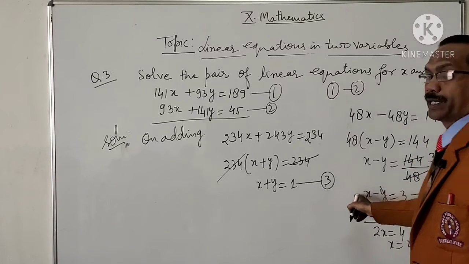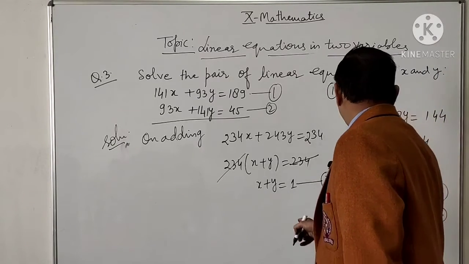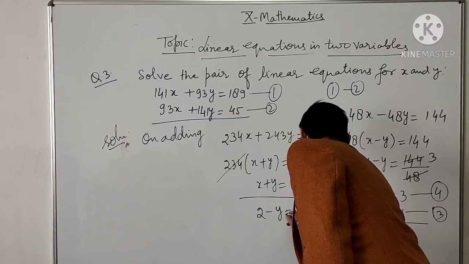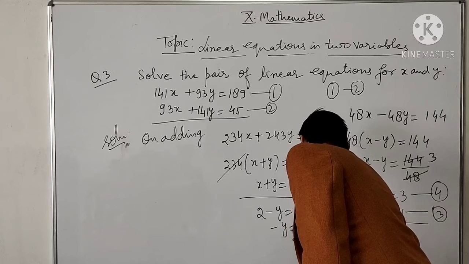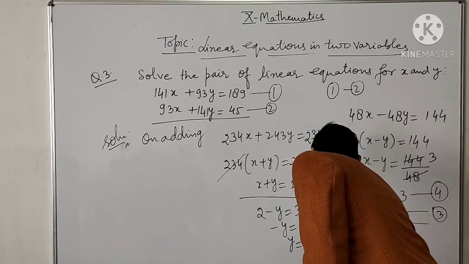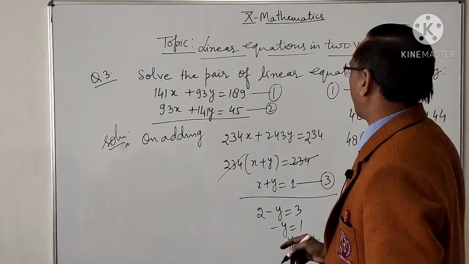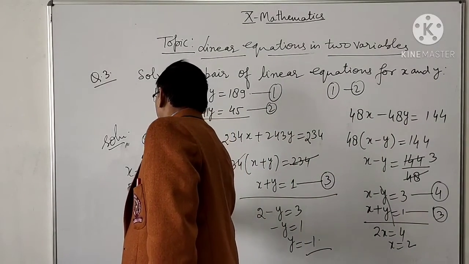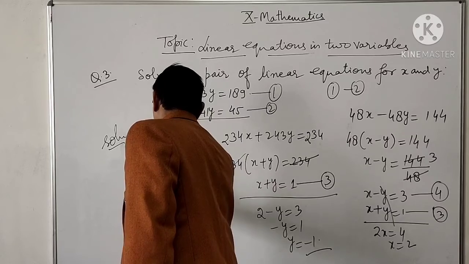Putting x equal to 2 in equation 1, we will get 2 plus y equal to 1, y equal to minus 1. So the values are x equal to 2 and y equal to -1.